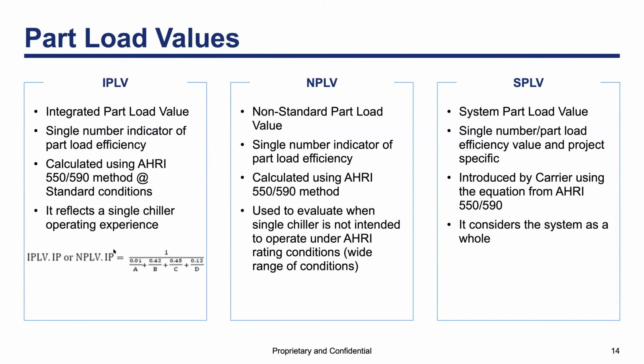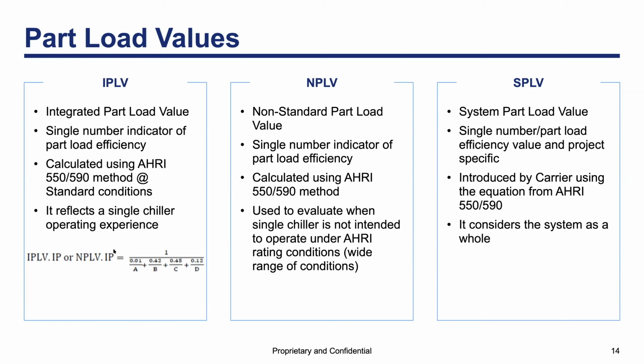This standard, which I'm sure you all know, is the 550/590 standard. It replaced two individual standards, the 550 1992, basically for centrifugal and screw chillers, and the 590 1992 for chillers using positive displacement compressors.